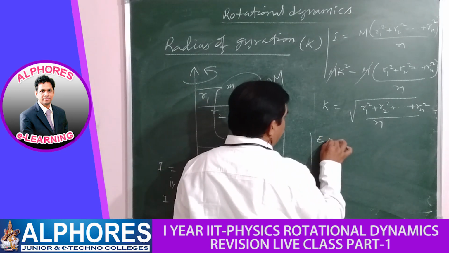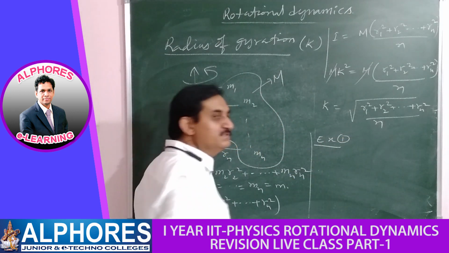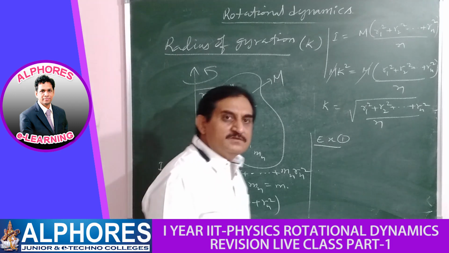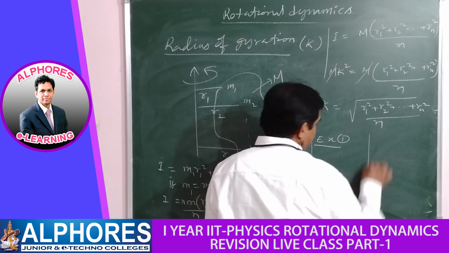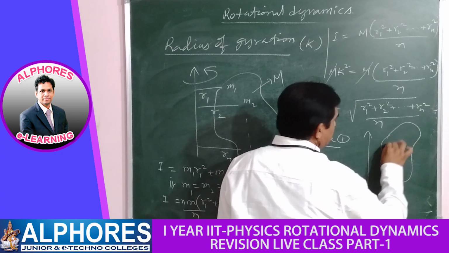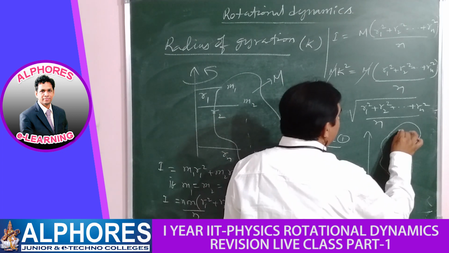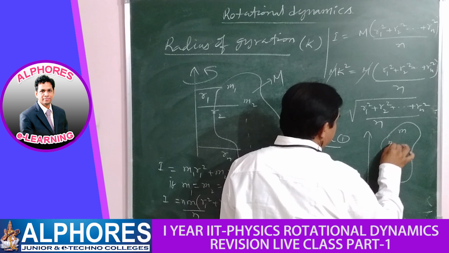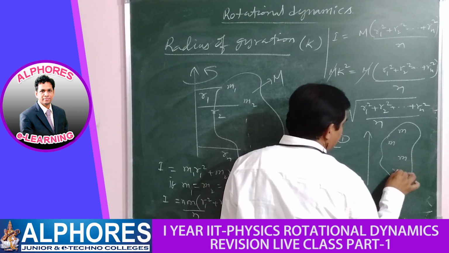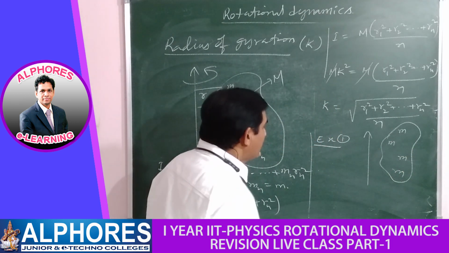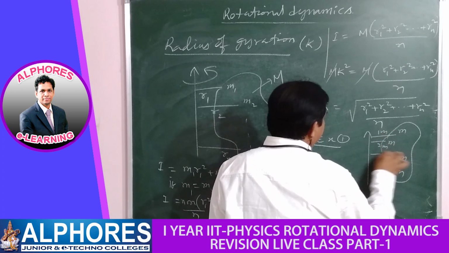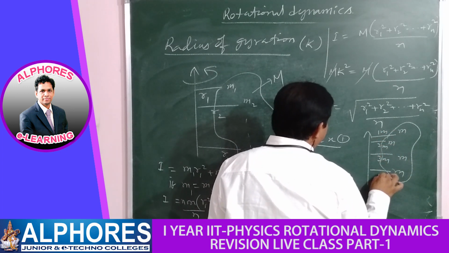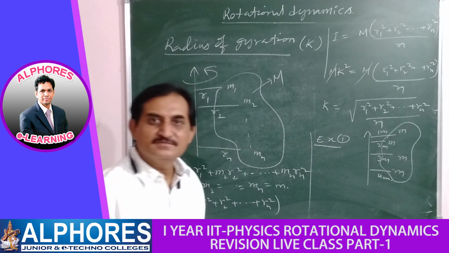Example 1. Suppose there are 4 identical particles in a system, m, m, m and m. These are at distances 1 meter, 2 meter, 3 meter and 4 meter from the axis of rotation.